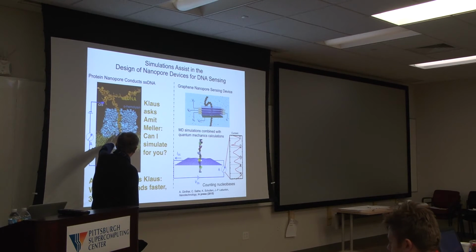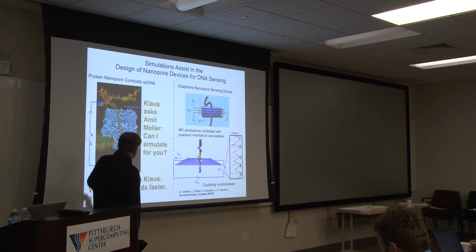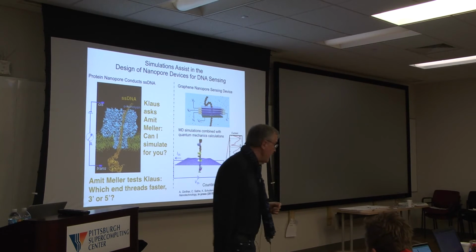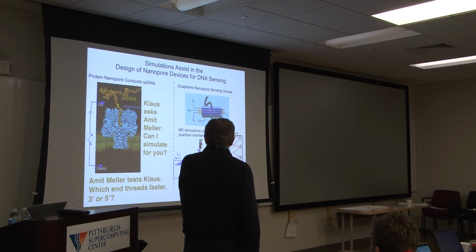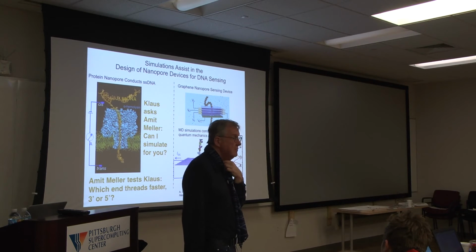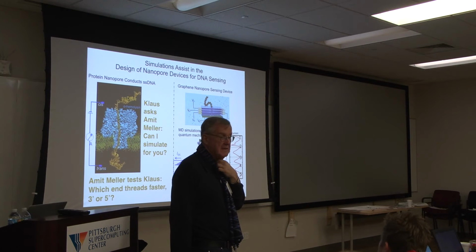It's actually a protein that makes a channel. In this case, it's not a technical pore, but a nature pore, and through the channel goes single-stranded DNA. And so now one wants to see how that works. There was this king of this field, Amit Meller, and I asked Amit, can I collaborate with you? And Amit said, sure, you can collaborate, but first you have to pass a test.